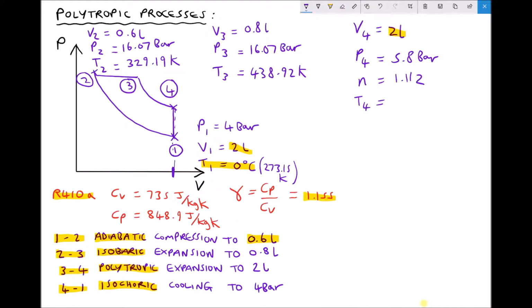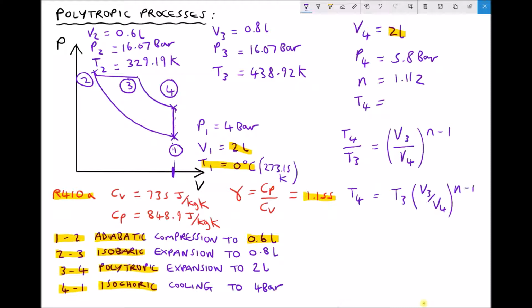Okay, so now we have our polytropic index N. We can go on and calculate T4 using T4 over T3 equals V3 over V4 all to the power of N minus 1. Finally then T4 equals T3 times V3 over V4 to the N minus 1.